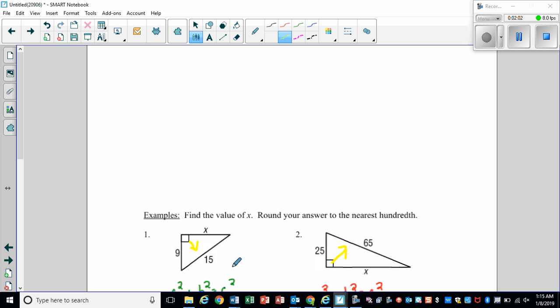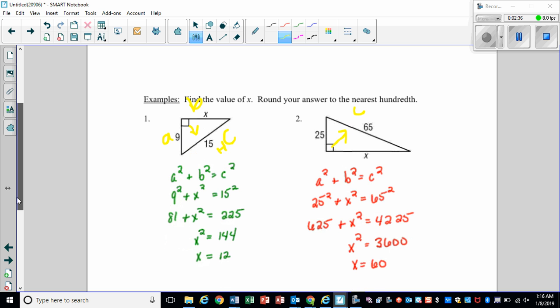When you go right across from the 90 degree angle, that helps you see which one is going to be the C. I can label this as A and this as B, or vice versa. A and B don't really matter, but C matters. The hypotenuse is always going to be C. I can label 25 as my A or X as my A. It doesn't matter.